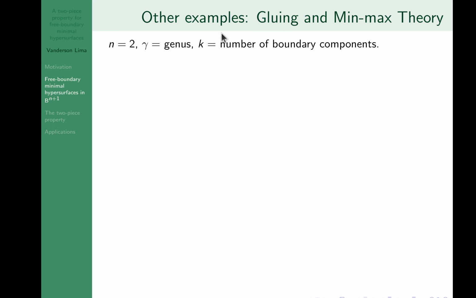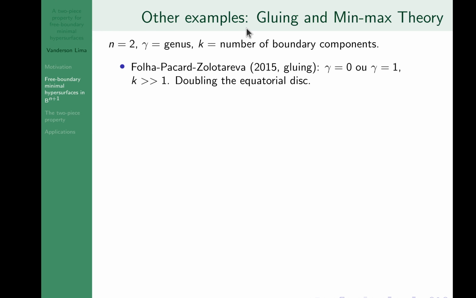And now we'll denote by gamma the genus of the surface, and k the number of boundary components. So first, Folha, Pacard, and Zolotareva, using the gluing technique, construct examples also with genus 0 and a large number of boundary components.